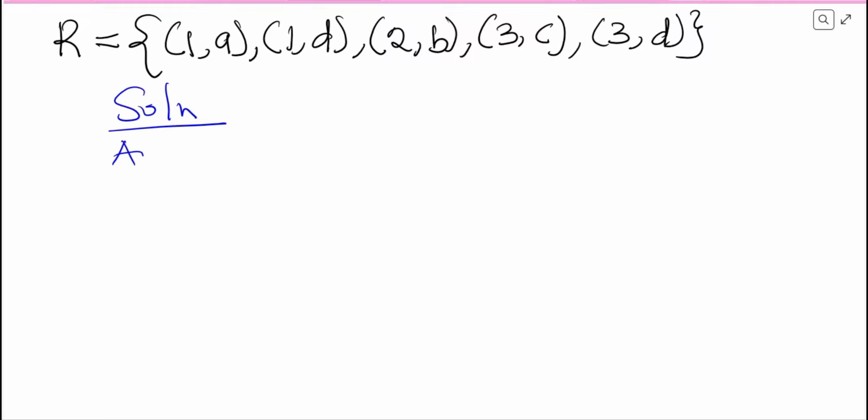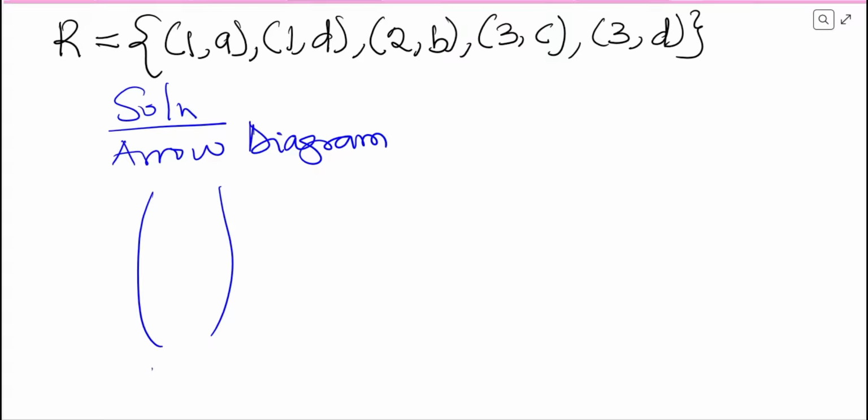For the arrow diagram, I'm going to have this as my domain and also here my codomain. So in the domain, I have 1, 2, 3. These are the unique elements available.